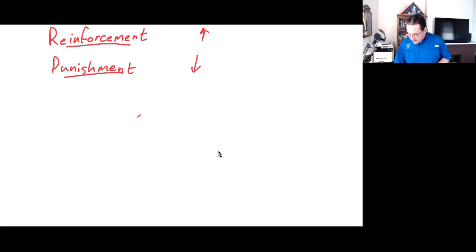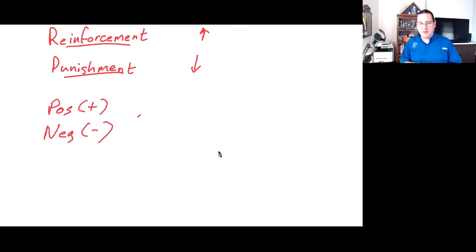Now we can have two types of reinforcement and two types of punishment. We can have positive reinforcement and we can have negative reinforcement. With positive and negative, and this is where I always caution students, don't get tripped up on the words positive and negative, because we always think of positive as being good and negative as being bad.